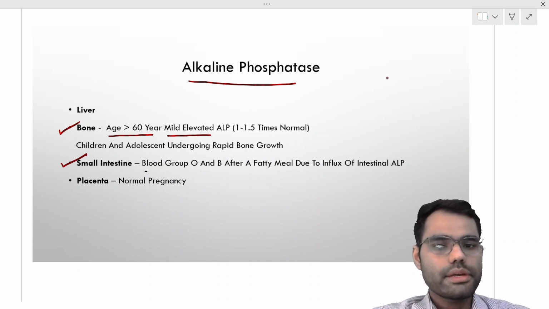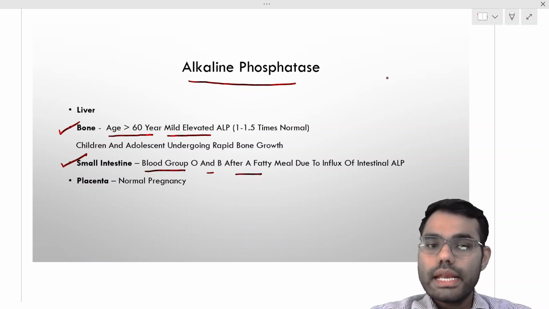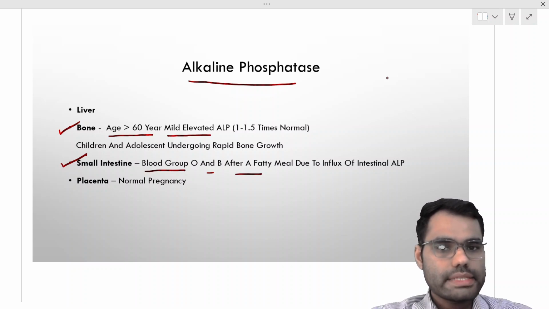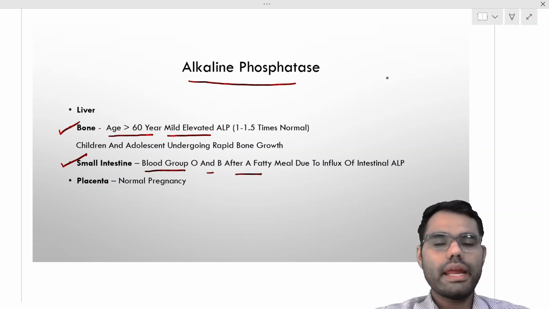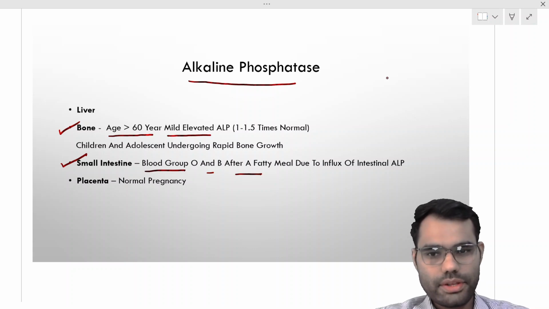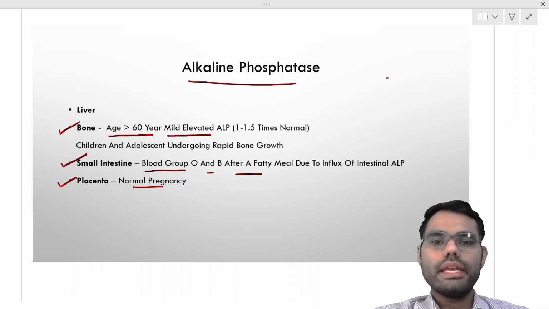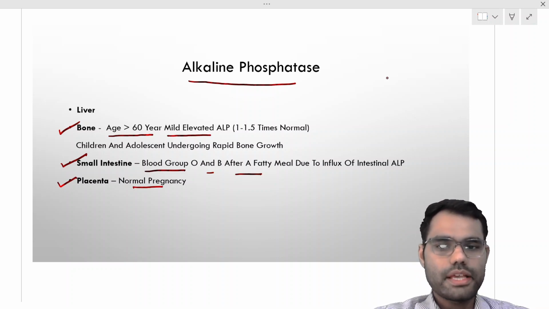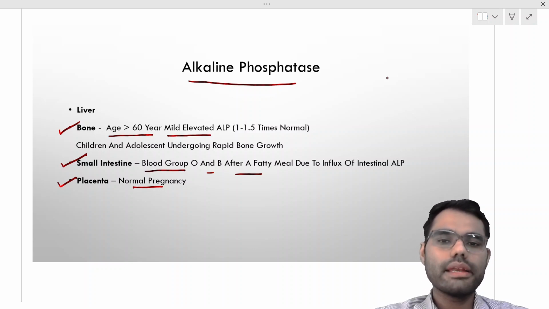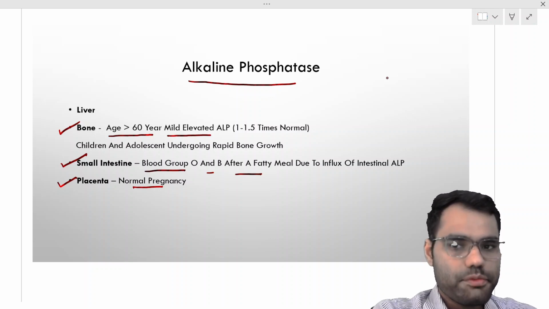Patients with blood group O and B have a transient influx of intestinal alkaline phosphatase in the blood after a fatty meal, right? So it can be raised in that condition also. In normal pregnancy, it is released from the placenta, so it can also be raised in pregnancy. So these are the four sources from which it can be released and cause an elevated alkaline phosphatase.